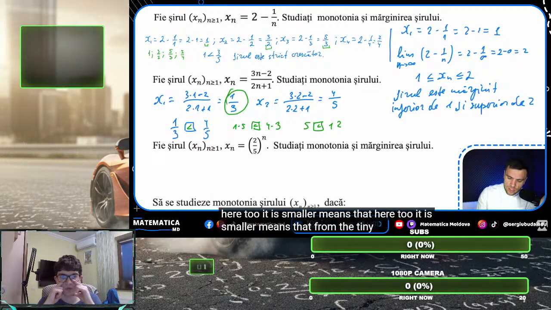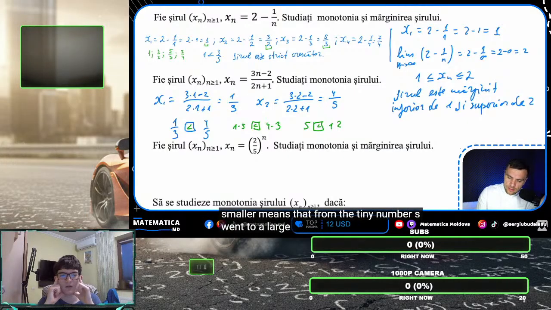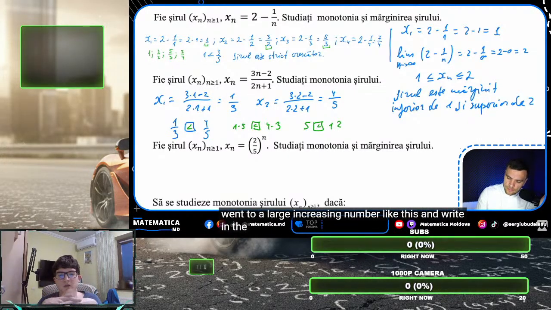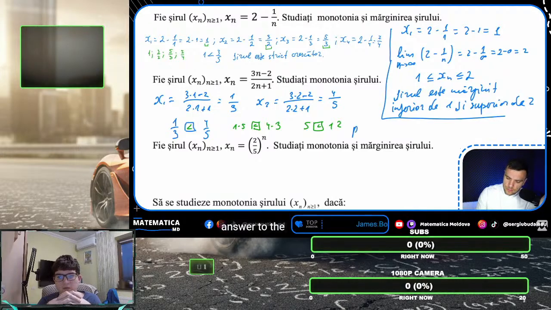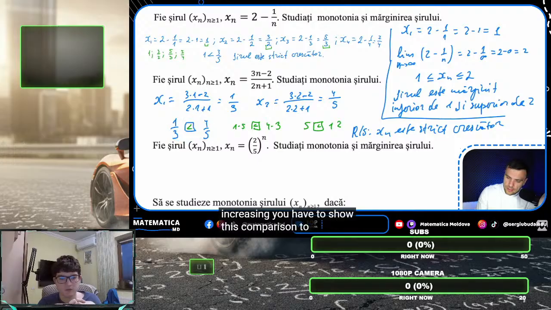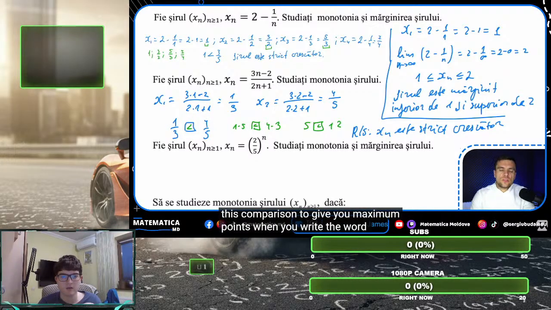So in this case, if x2 is larger, then this row is progressive, it goes up, it goes in the plus range, not minus. So write that down. Strictly increasing, like it's said in the subtitle and so on.